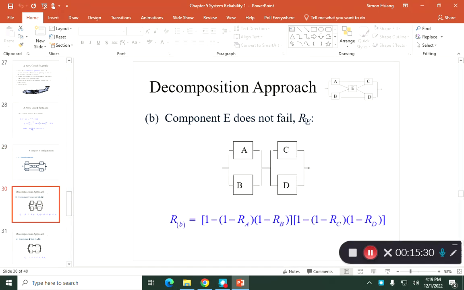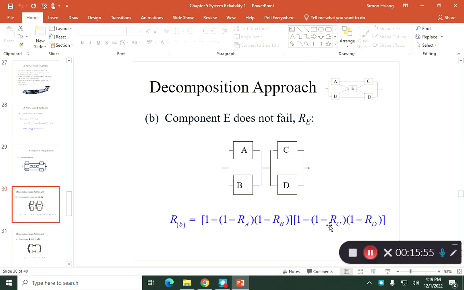If it's a low redundancy system, first A fails or B fails, the system fails. This is the first block failing. And 1 minus the first block failing becomes the reliability of the first block.